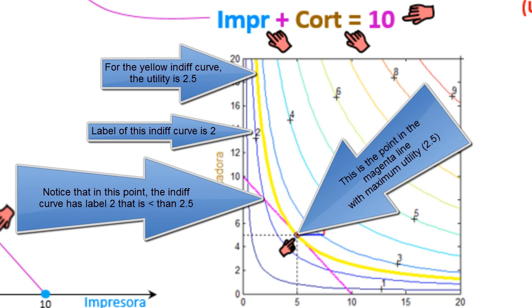The utility for the optimum is 2.5, which corresponds to this yellow curve, which is between 2 and 3. So it's actually 2.5. This is the graphical way to find the optimum.